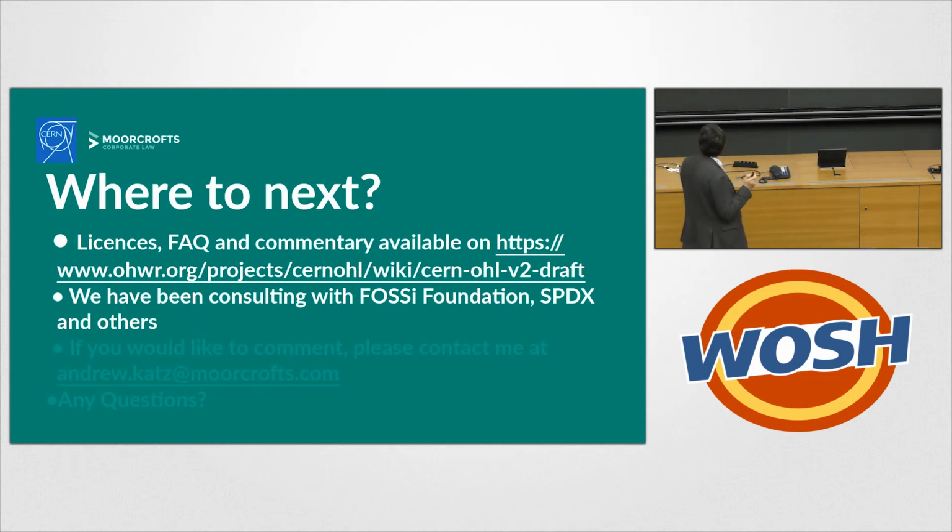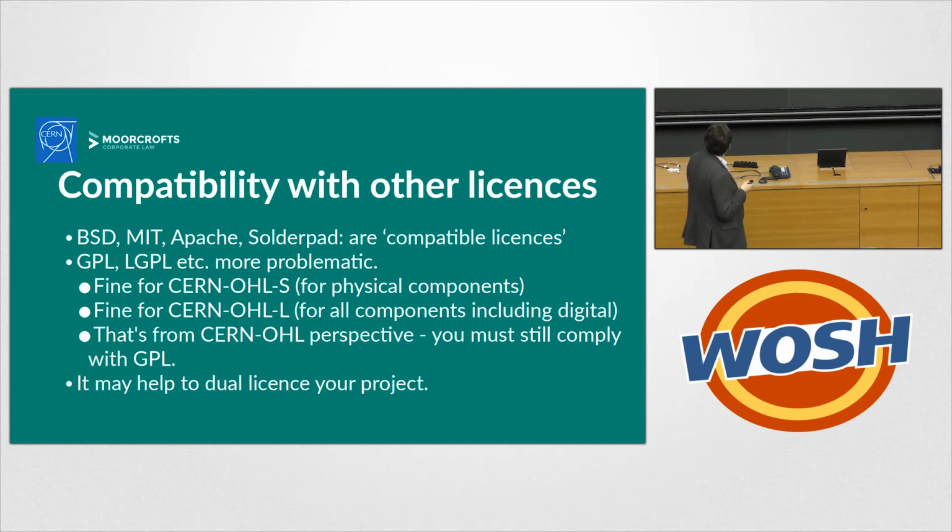Thank you. On your previous slide, you had compatibility with other licenses, so BSD, MIT, Apache, and so on. Are you talking about compatibility downwards or compatibility upwards? Because those are very different, right? Yes, they are.